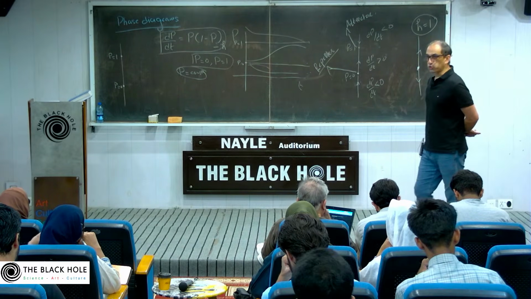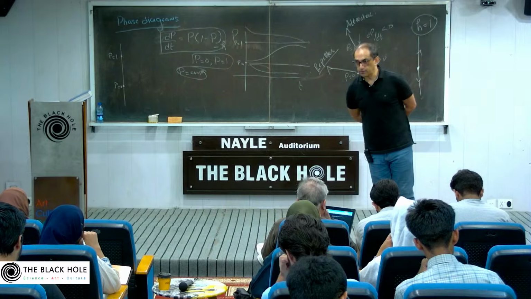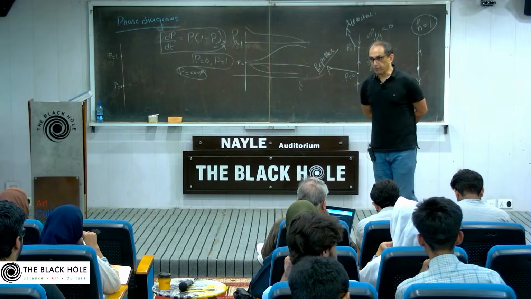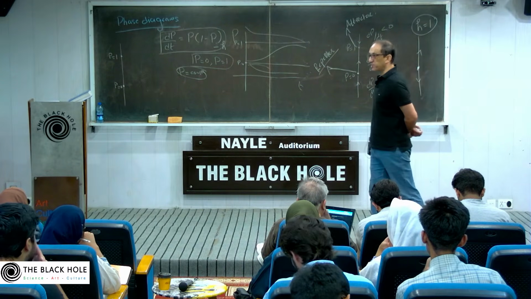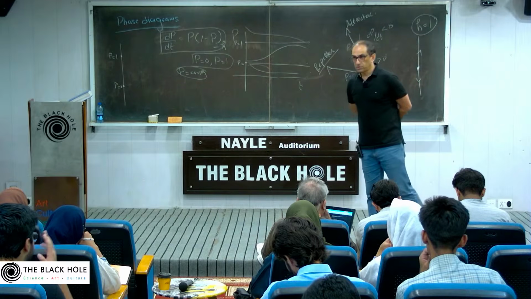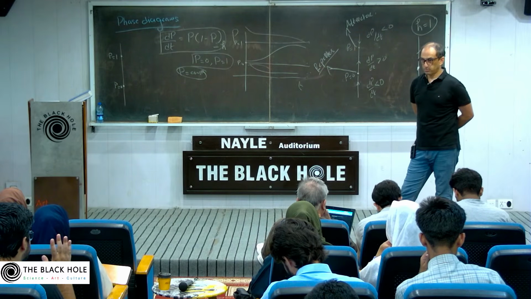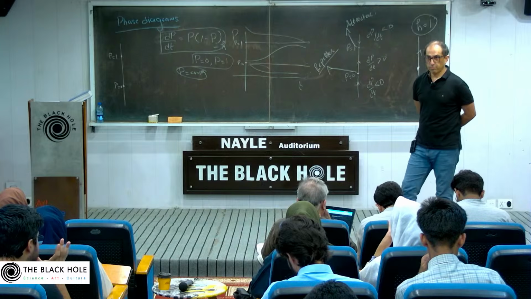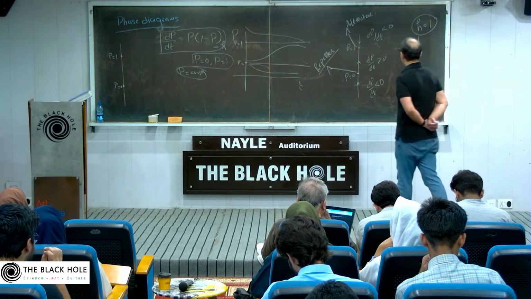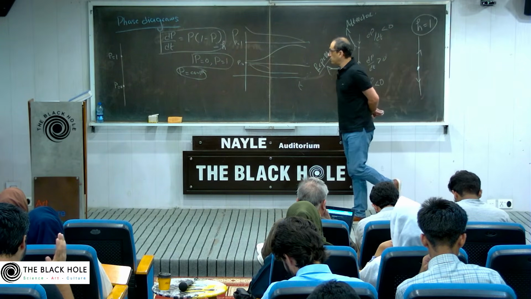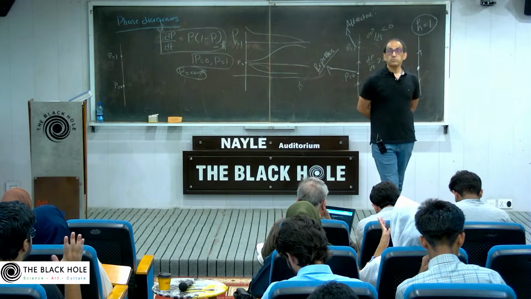Yeah, so you put it equal to 0 and you find out what it is. You just have to solve the equation. p times (1 minus p) minus 1 is equal to 0.